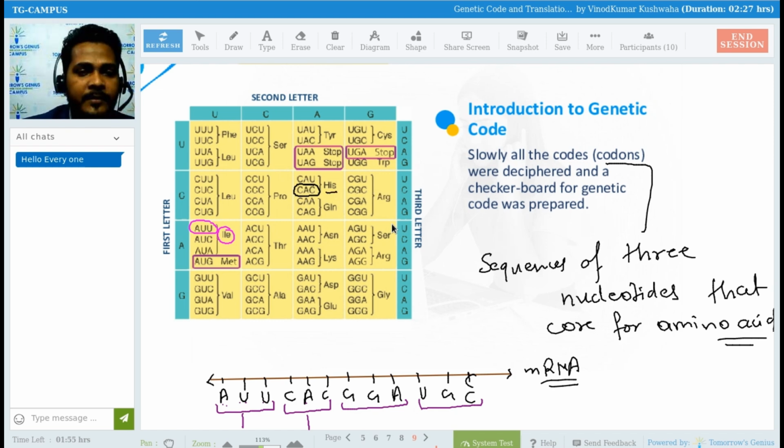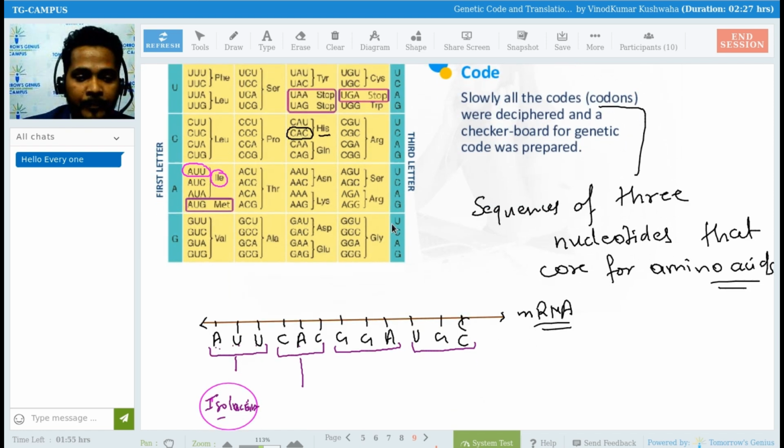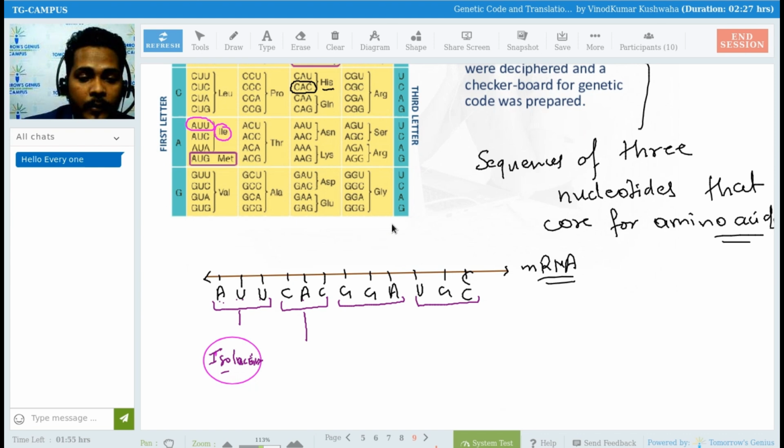HIS. What is HIS? It's histidine. So I can again go here, take a square, circle, and write it here as histidine.